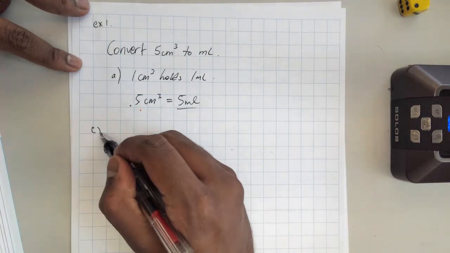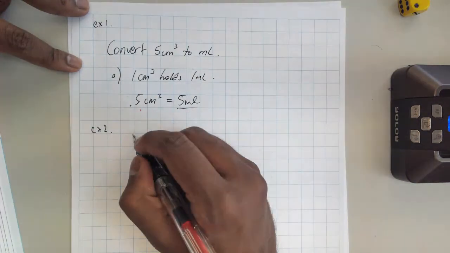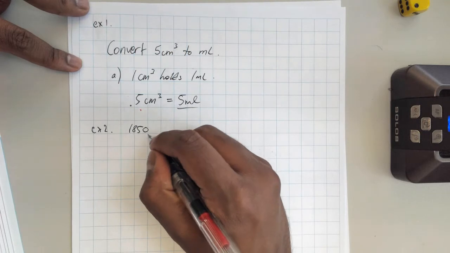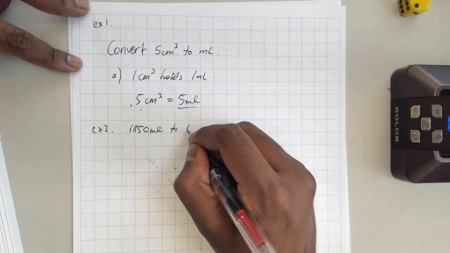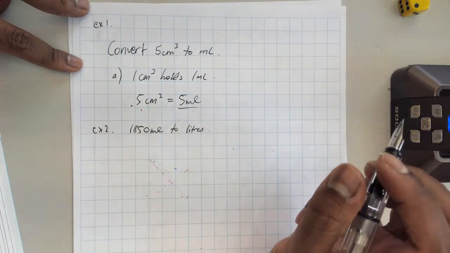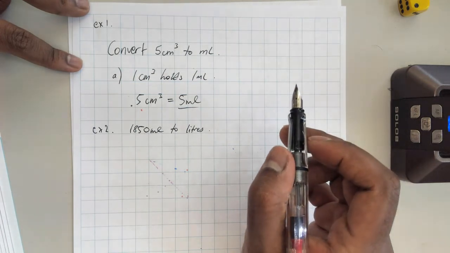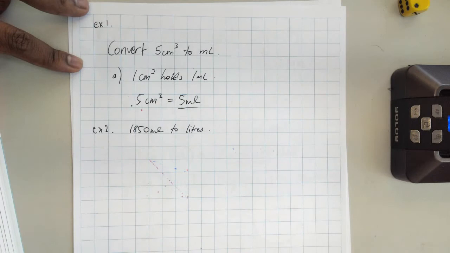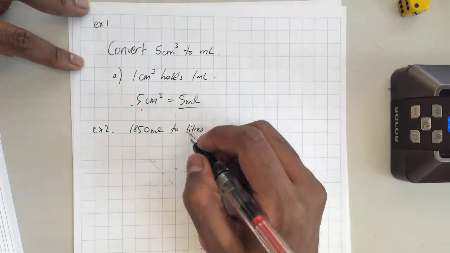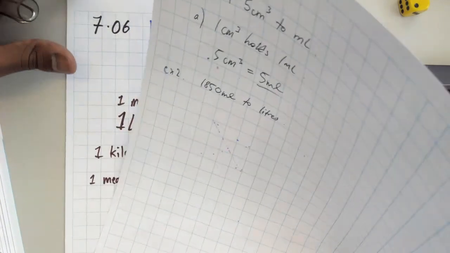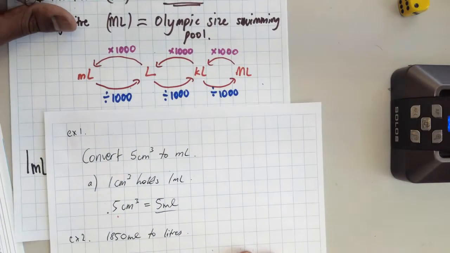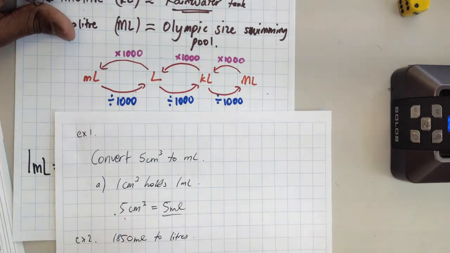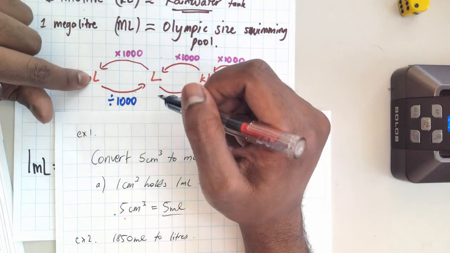Example 2, we have 1,850 mils to liters. So we don't have a conversion yet, but we know. Wait a minute, yes we do. From our conversion table, over here, we're going from milliliters to liters.